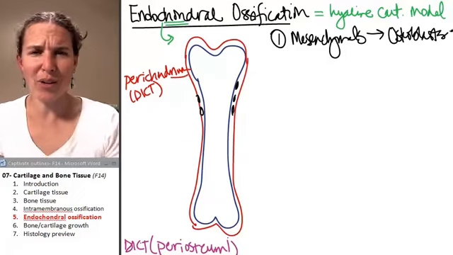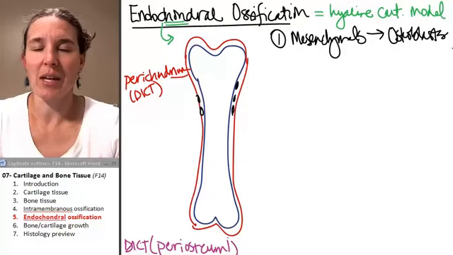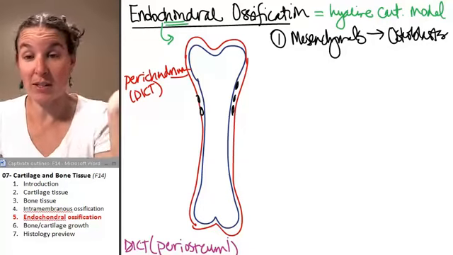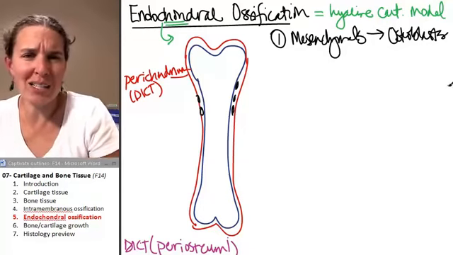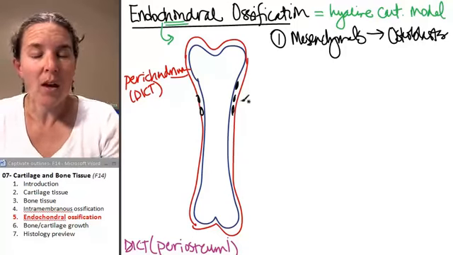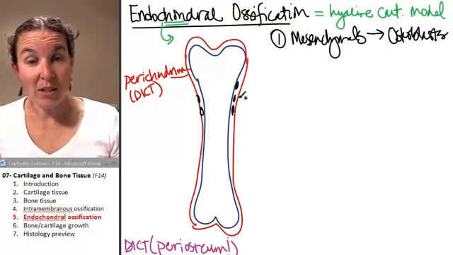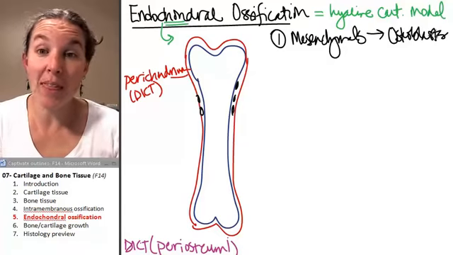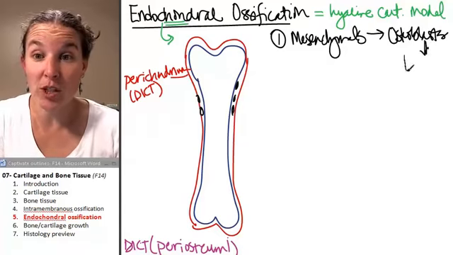Now, who triggers this? I don't know. Somebody triggers the message that, dude, it's time to make some osteoblasts in this perichondrium. What do osteoblasts do, you guys? They produce bone tissue.